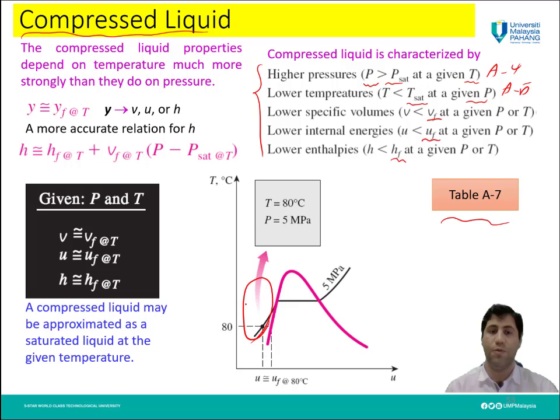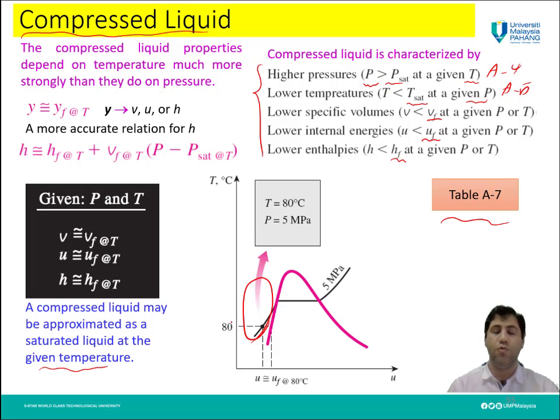But we can also have an approximation, and we can guess the amount of these properties by some assumption. Usually we can assume that a compressed liquid may be approximated as a saturated liquid at the given temperature.